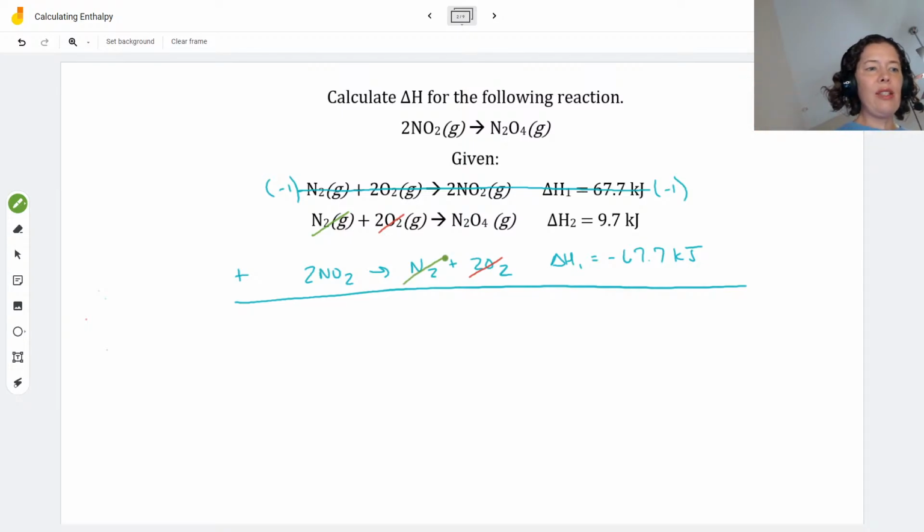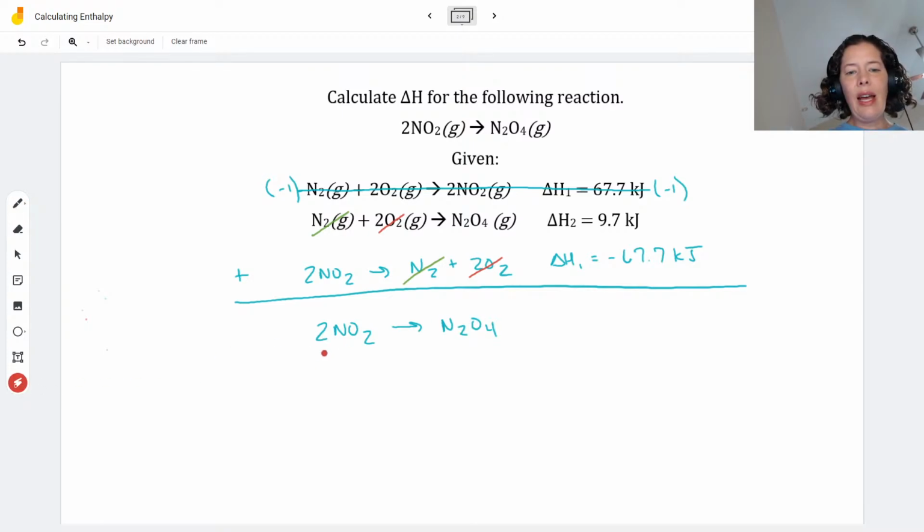So if I add these two reactions together, that nitrogen and oxygen are gone. I only have the 2 NO2. And again, this nitrogen and oxygen are gone, so I'm just left with my product here, N2O4.